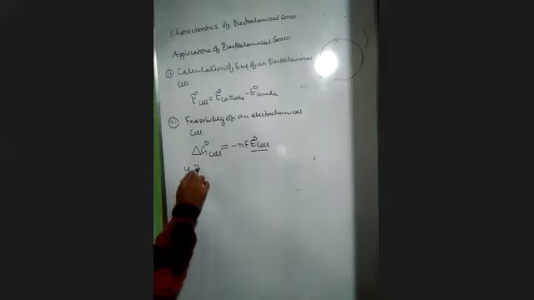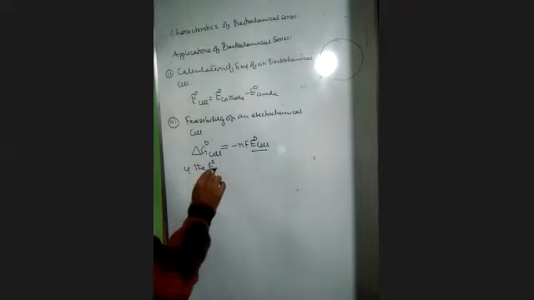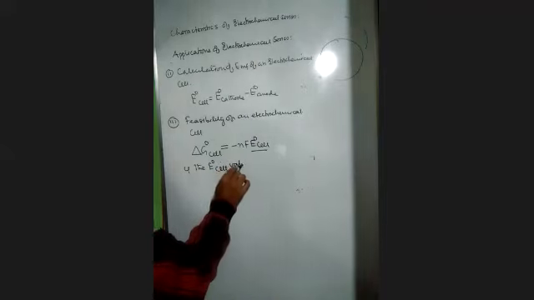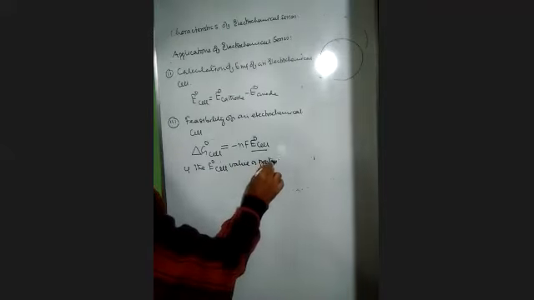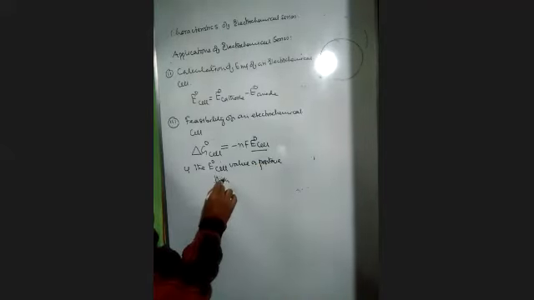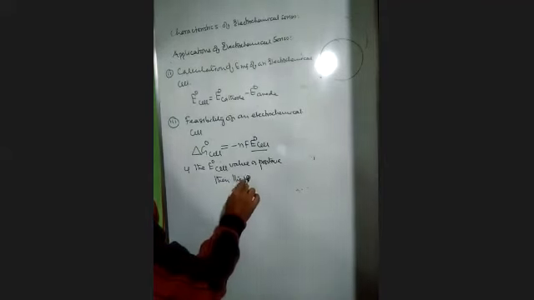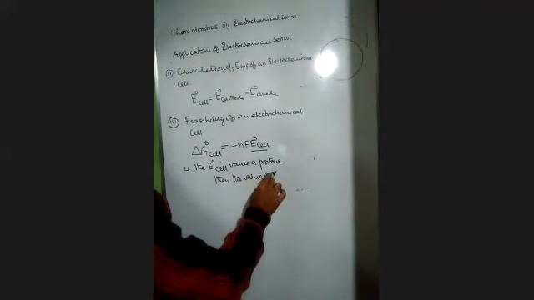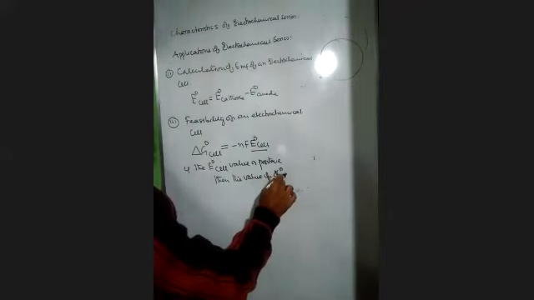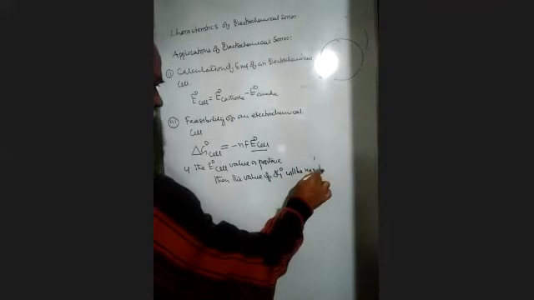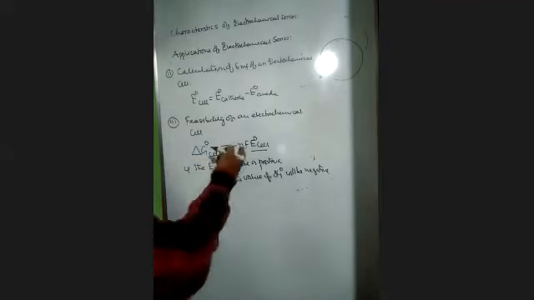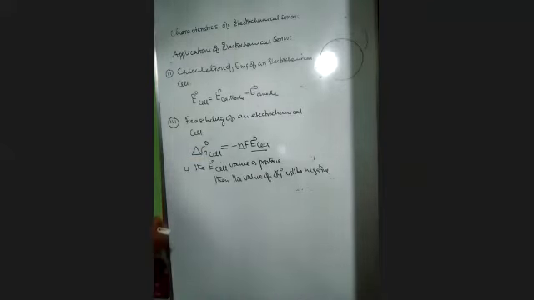If the E0 cell value is positive, then the value of delta G0 will be negative. Why do you have to worry? See here, n is the number of electrons, F is the Faraday, so both of them are positive. So if E0 cell is also positive, then the whole thing will be negative.